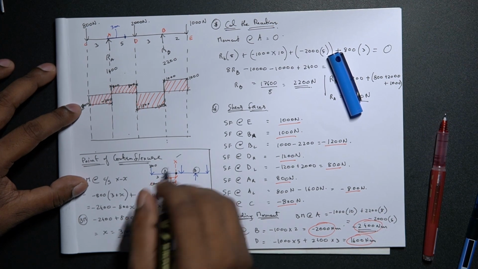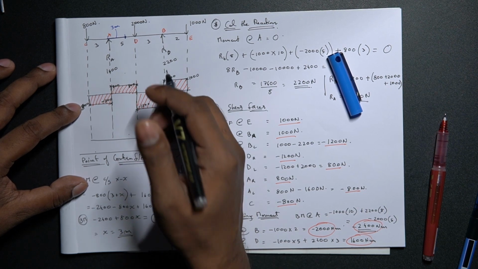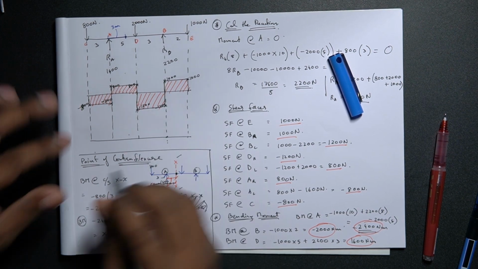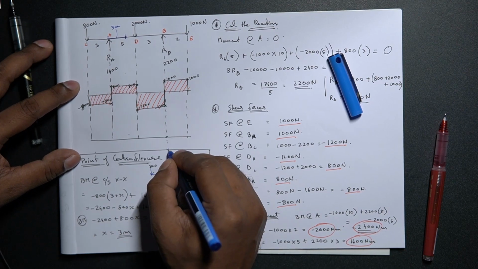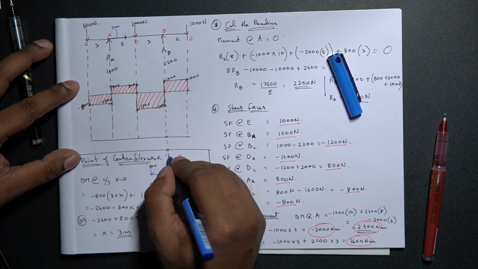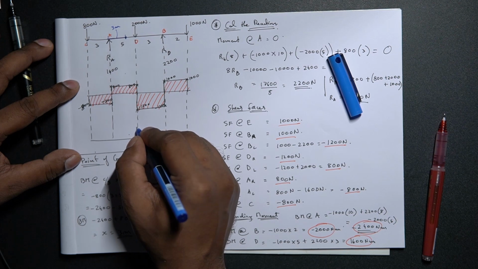We have bending moment at B. Bending moment at B is minus 2000. So this goes below. I'll put the bending moment in a different ink. So let's just consider this is minus 2000. Then we have bending moment at D at 1600, somewhere over here.